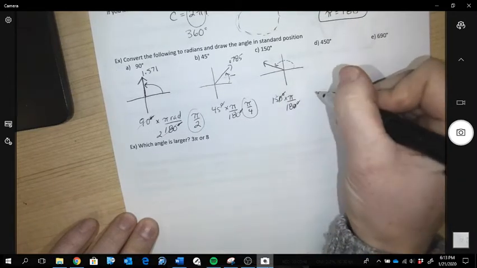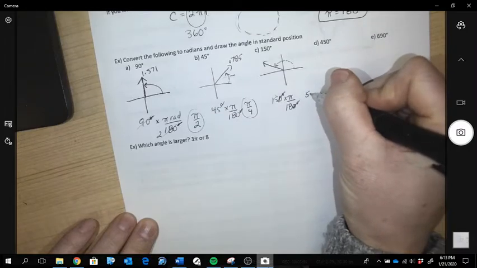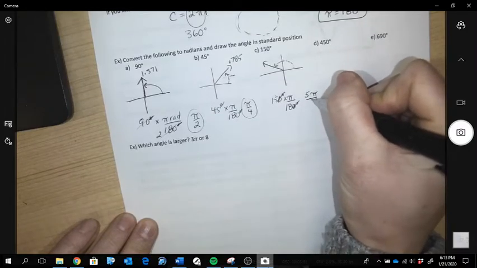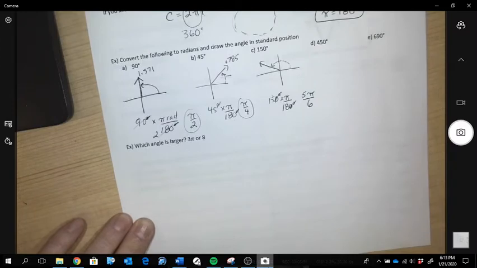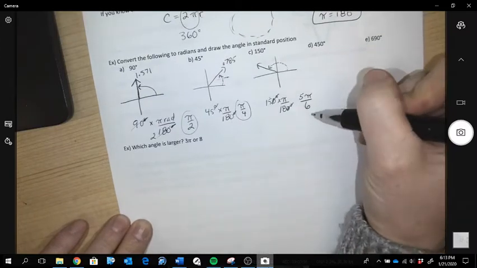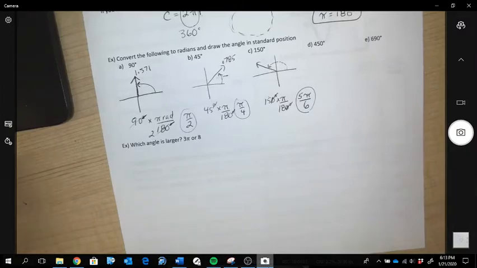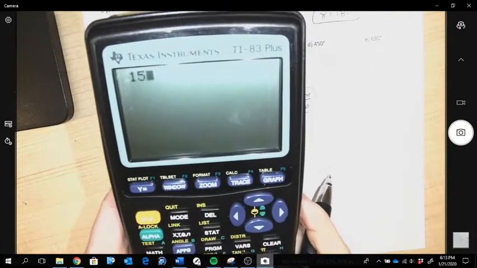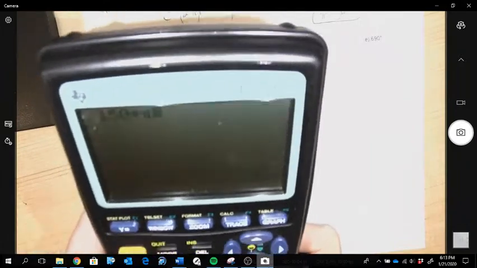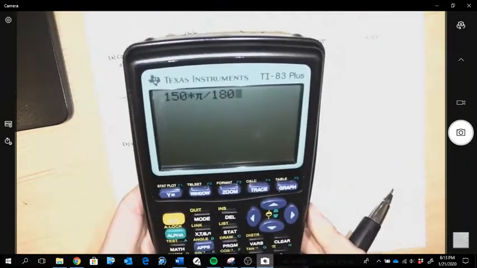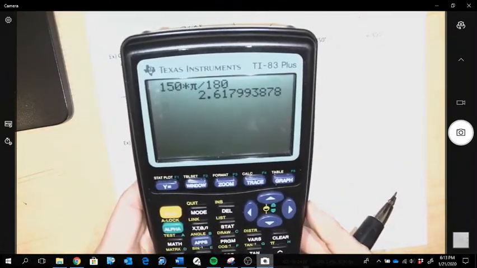So that is reducing by a factor of 3. So you could write that in radians, or again converting to a decimal as well, 150 times pi divided by 180. It's 2.618.